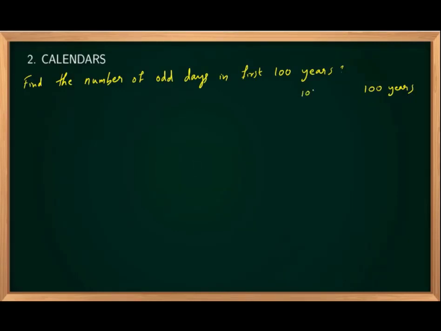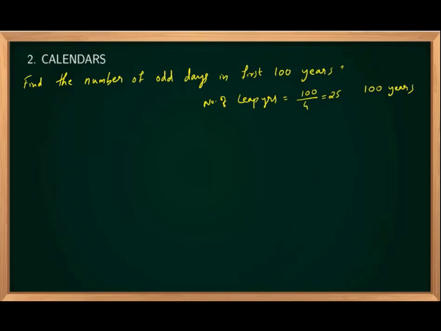For that, divide by 4, since a leap year comes once in 4 years. 100 divided by 4 is 25.